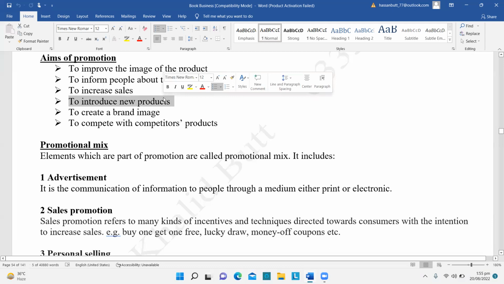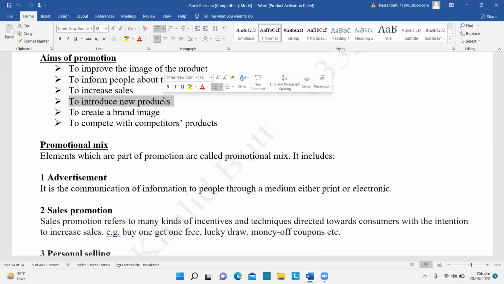Then we have to introduce new products. Again, when you introduce new products, why is promotion required? Can you tell me? Do you know why? Because new people are not familiar with new products. They do not know that there is a new product which is going to be launched or has been launched.